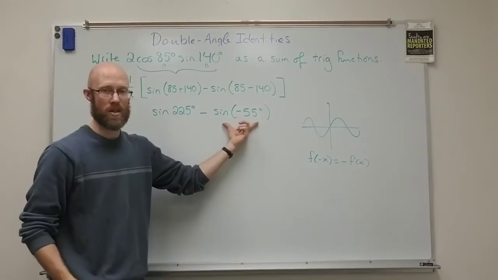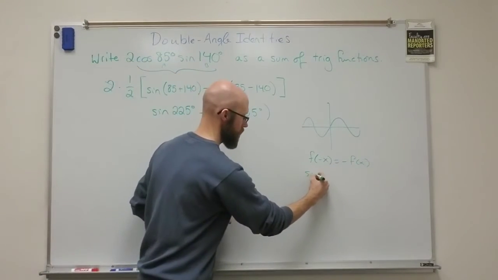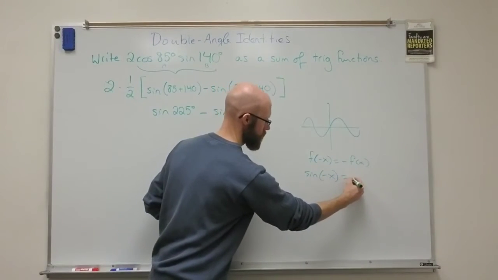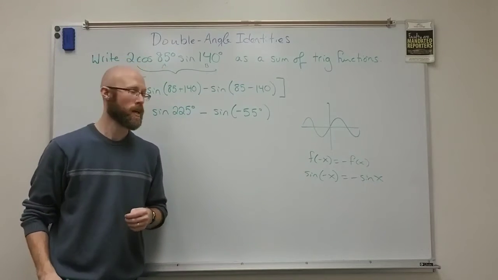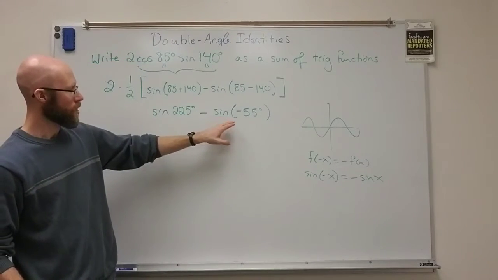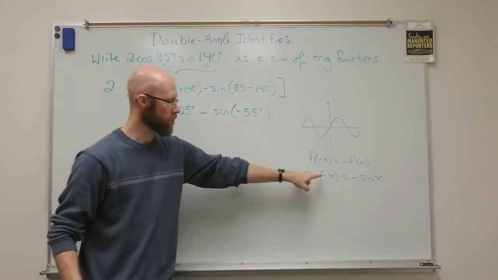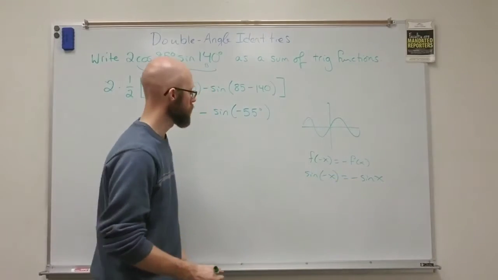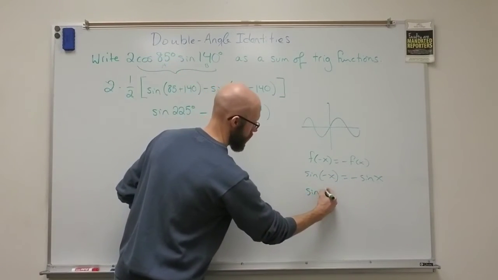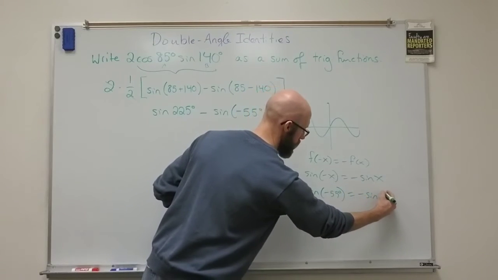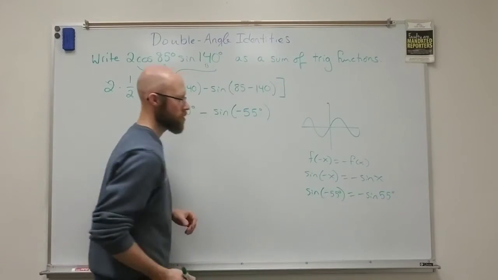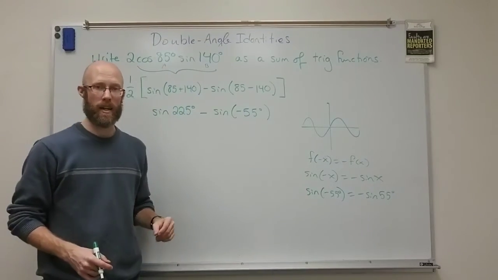And so with the sine, the sine of a negative angle is equal to the negative of the sine with a positive angle, okay? And so this negative essentially can be pulled out of the sine. So the sine of negative 55 is equal to negative sine of 55 using our odd identity here.